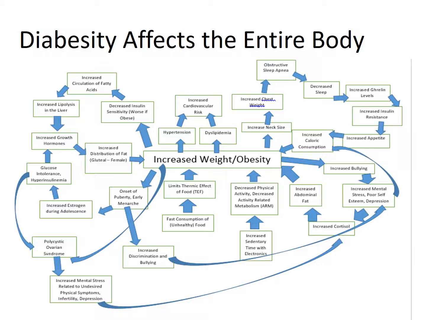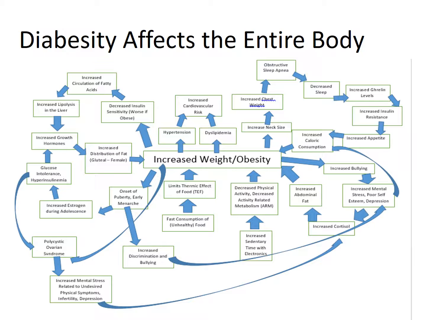With that depression and stress comes increased cortisol, which increases their abdominal fat, increases their weight, and this cycle continues. They get bullied, they get stressed out, more cortisol, and it just goes around and around.